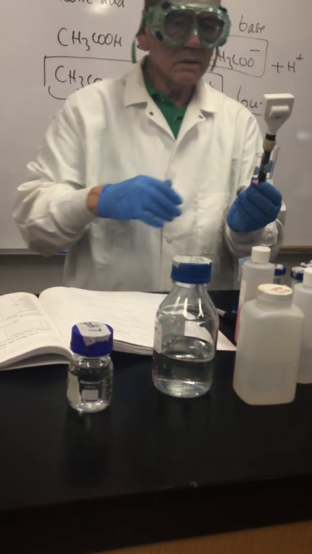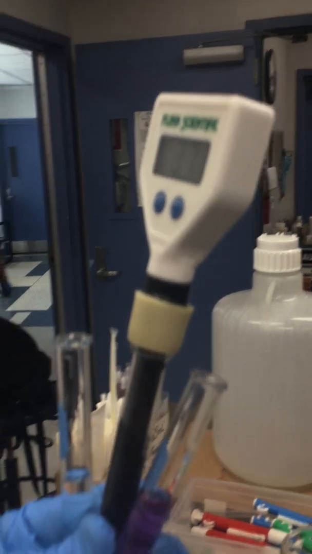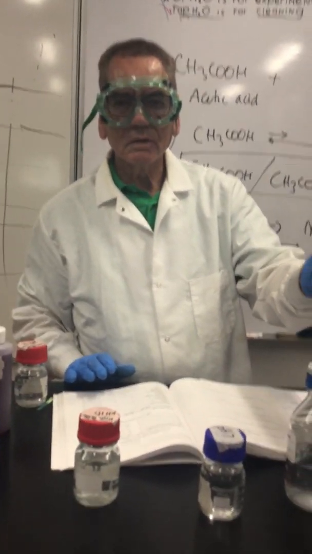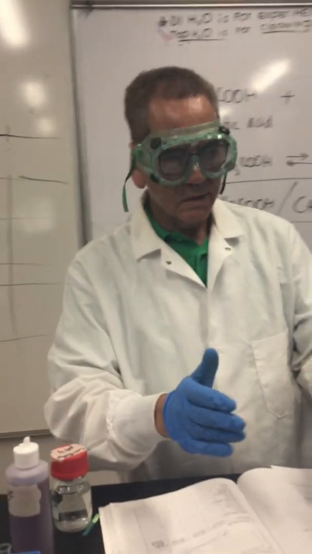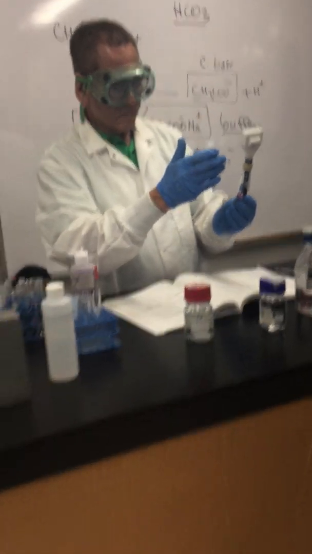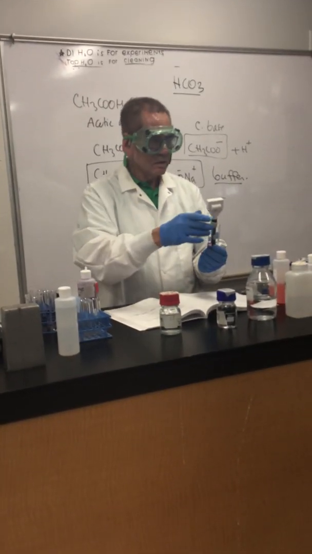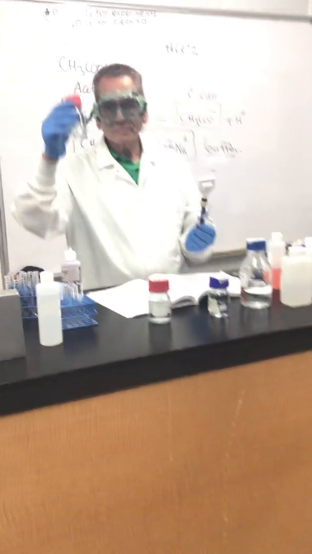And it reads 3.71, 3.7. So therefore we are close to pH 4. So the buffer 4 has 3.7, or according to the cabbage, is also around 4. So we know now we have a pH 4 of this cabbage. All right?